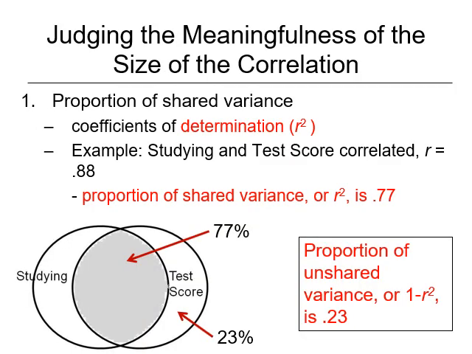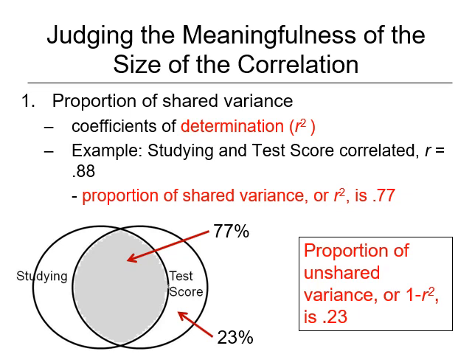So once we actually find out if it's significant or not, we do need to know that effect size, the meaningfulness of the correlation, and this is referred to as the coefficient of determination, or simply effect size, which is, again, your test statistic, R squared. So for example, if we had a study looking at study time and test scores, and they were correlated at an R of 0.88, we would multiply 0.88 times 0.88.